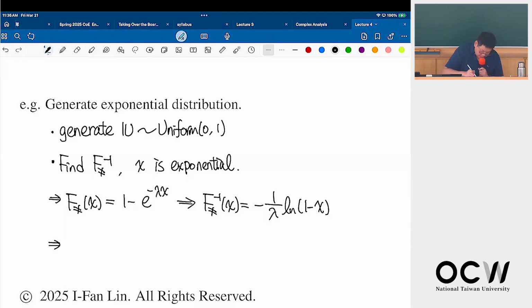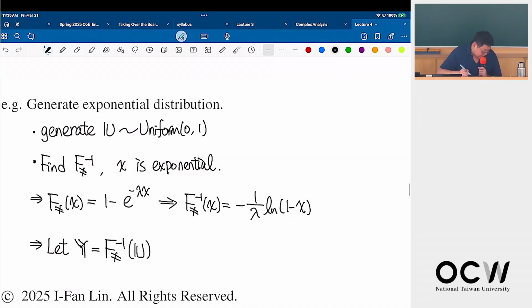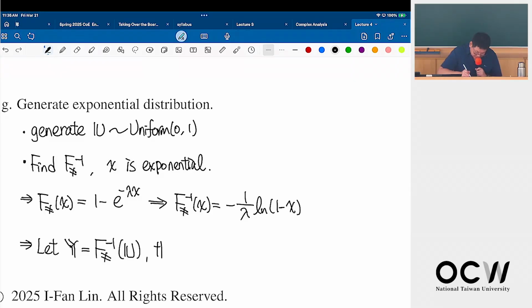And then you let your random variable y equal the inverse of your CDF of x. Then the distribution of this random variable y is exponential.